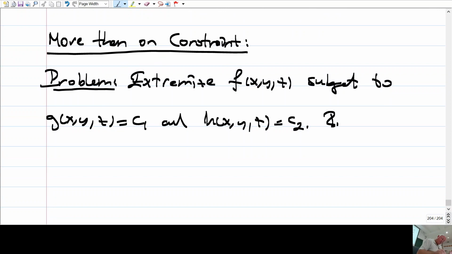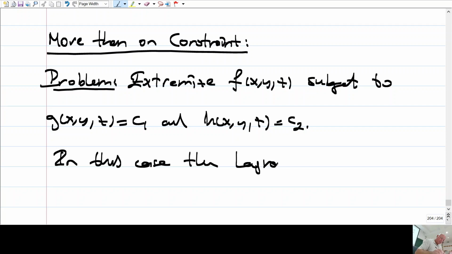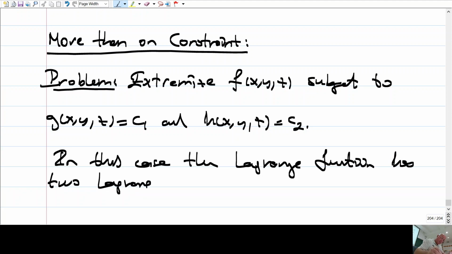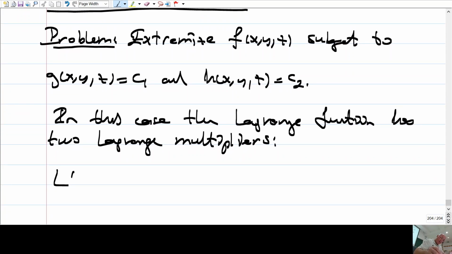In this case, the Lagrange function has two Lagrange multipliers. So it's something like this. L of x, y, z. Her bir constraint için bir tane multiplier gelecek.